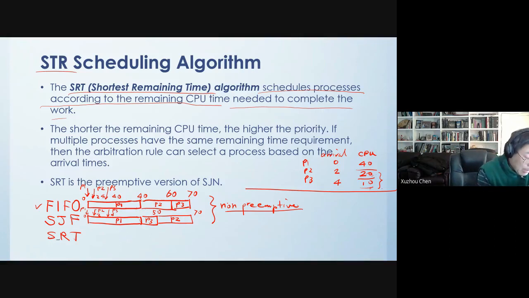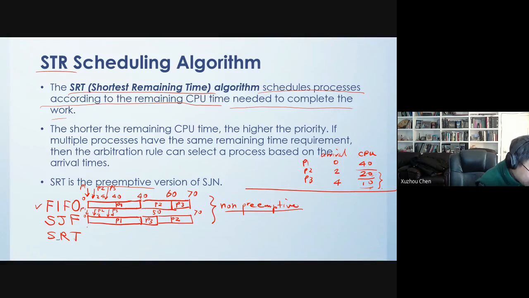Now the shortest remaining time first is different. It's preemptive, which means that a process currently waiting for the CPU can kick the process in the CPU out, depending on the situation. So let's take a look at the SRT.